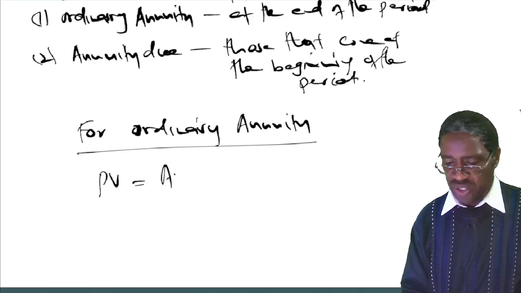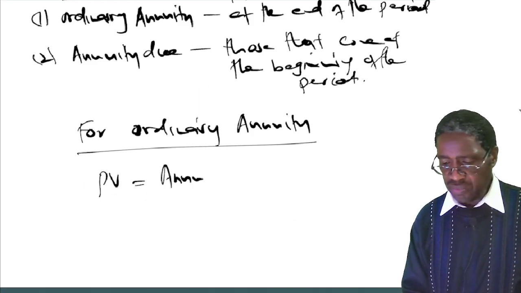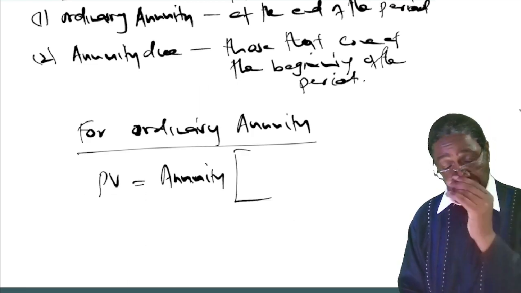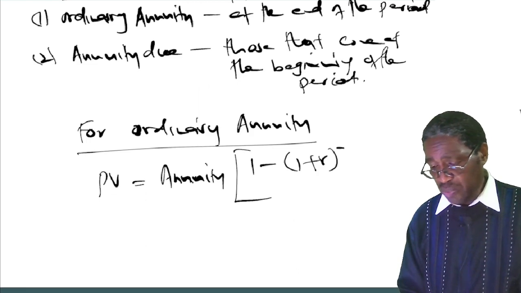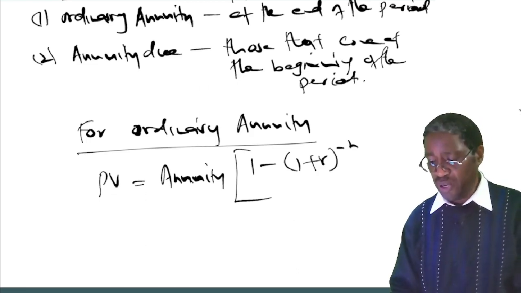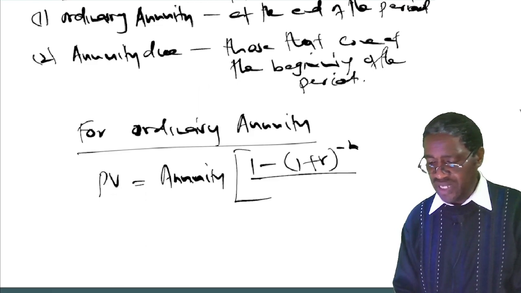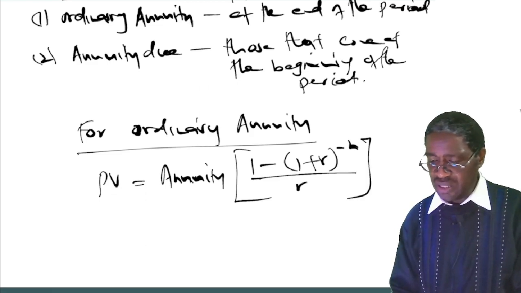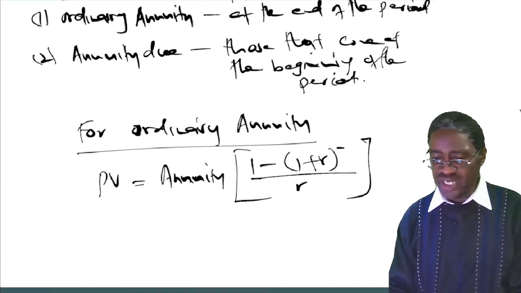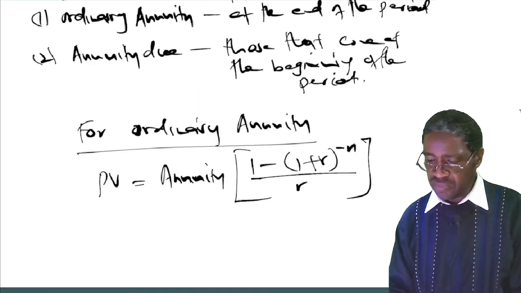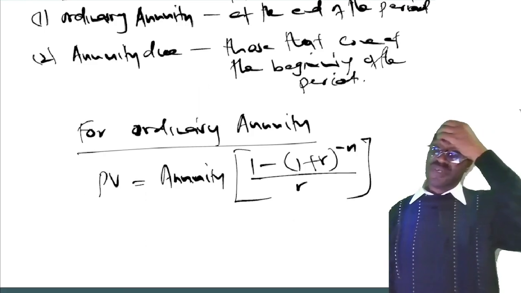It will be the annuity into 1 minus 1 plus r to the power of negative n, divide that by r. This is to the power of negative n.